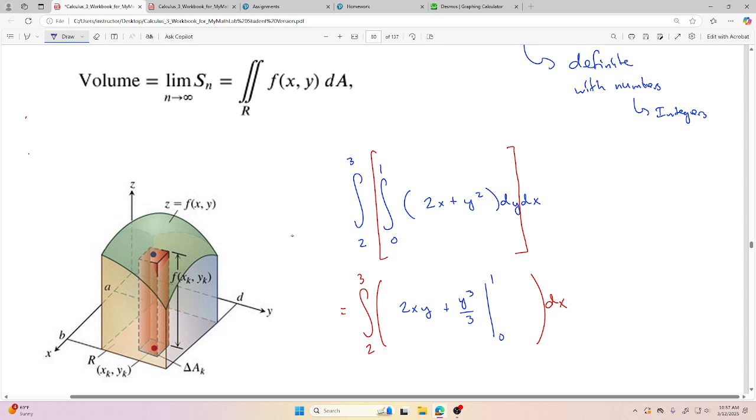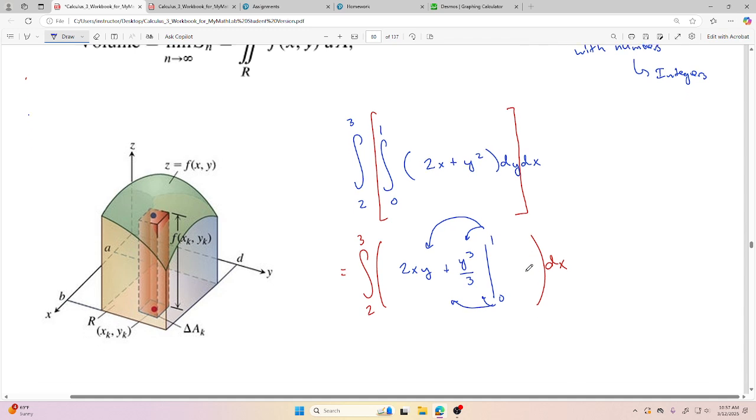Of course, that's y values. So I'm going to take those and plug them into the y's, right? And let's do that. So I just leave the outside alone. We're still not done with it. Perfect.